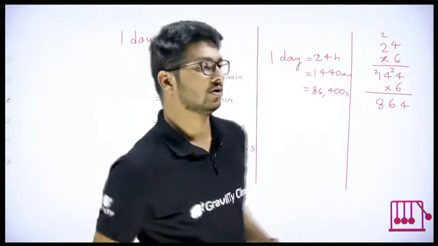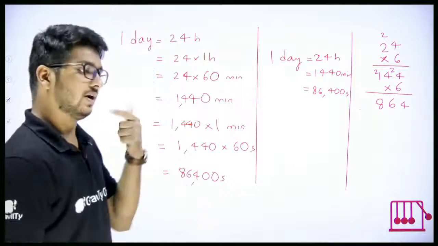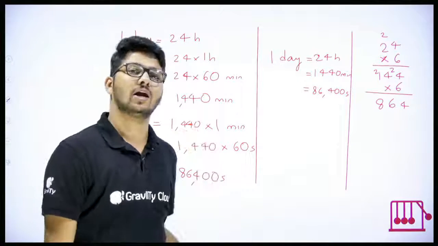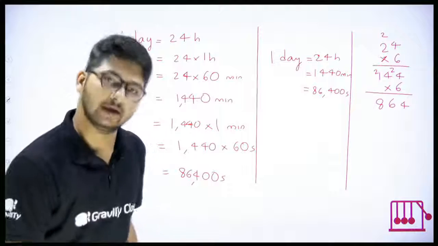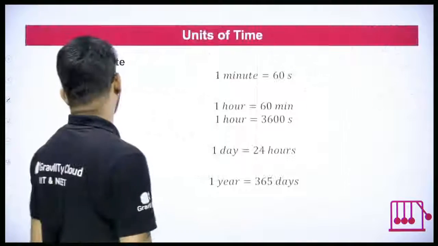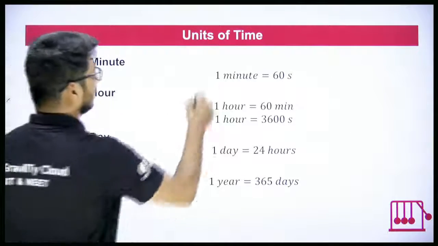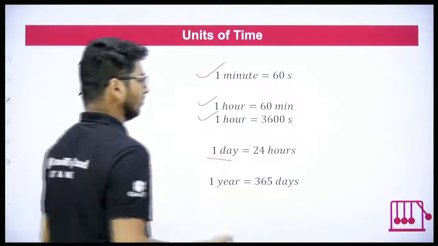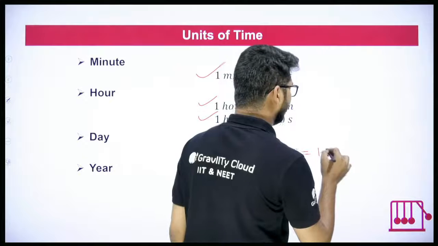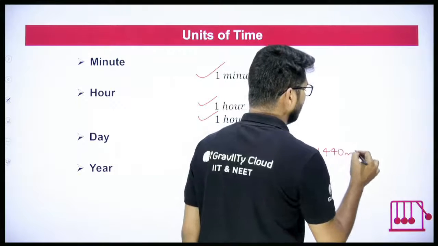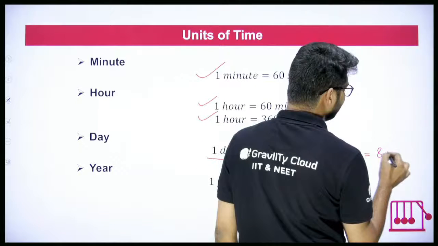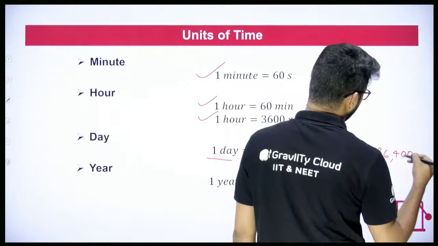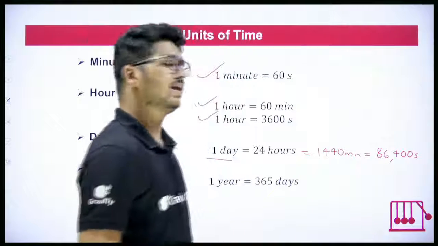Okay, wonderful. So we learned about 1 second, 1 minute, 1 hour, 1 day. Good. You can clearly see here minute, done, hour, done, 1 day, 24 hours, 1440 minutes or 86,400 seconds.